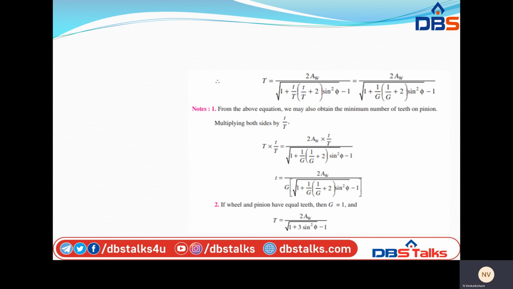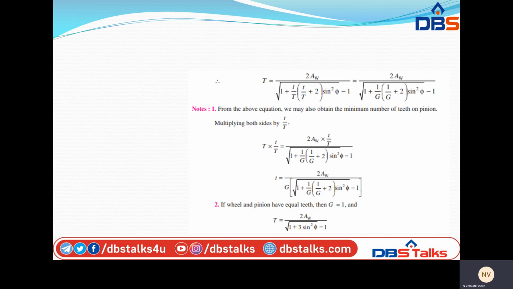So finally, what is the equation we achieved? Capital T is equal to 2AW divided by square root of 1 plus small t by capital T into small t by capital T plus 2 into sin square phi minus 1.